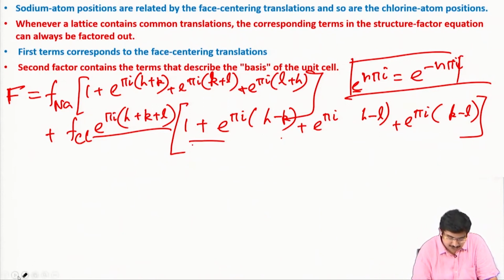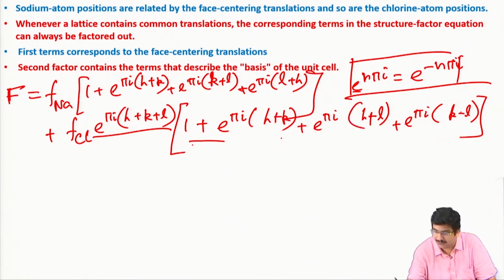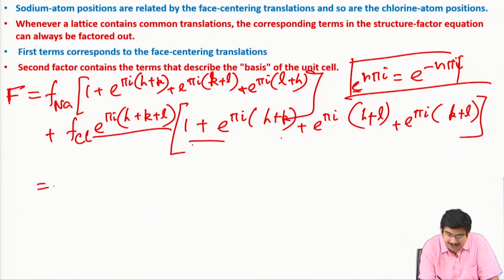Okay, so then what it will become is basically H plus K, H plus L and K plus L. Okay, so then we can take this part and this thing becomes the same.